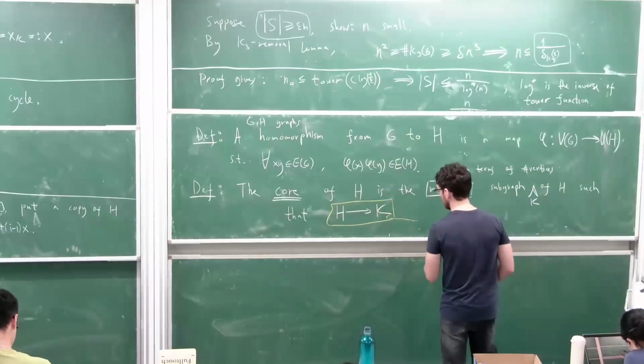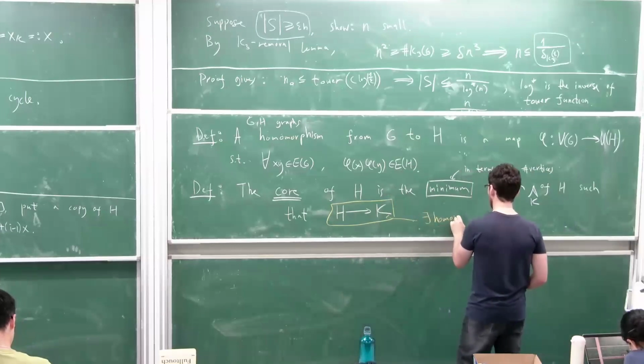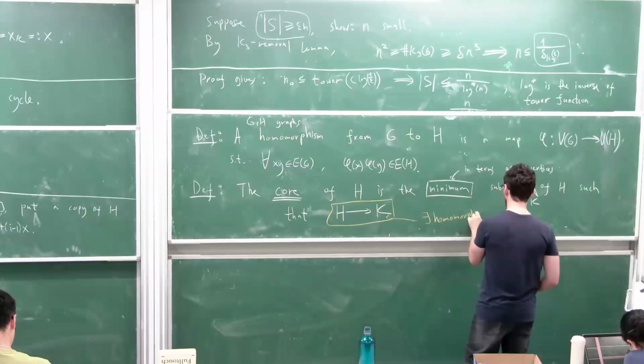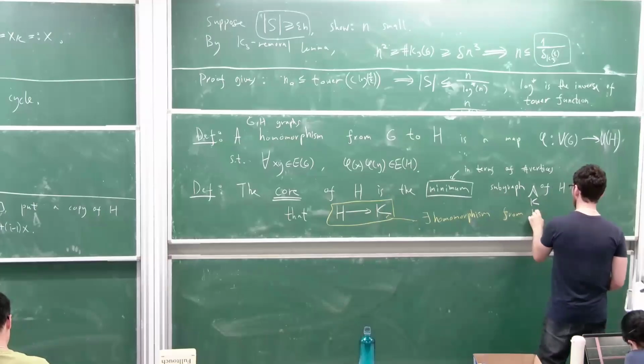So this means that there exists a homomorphism from H to K.